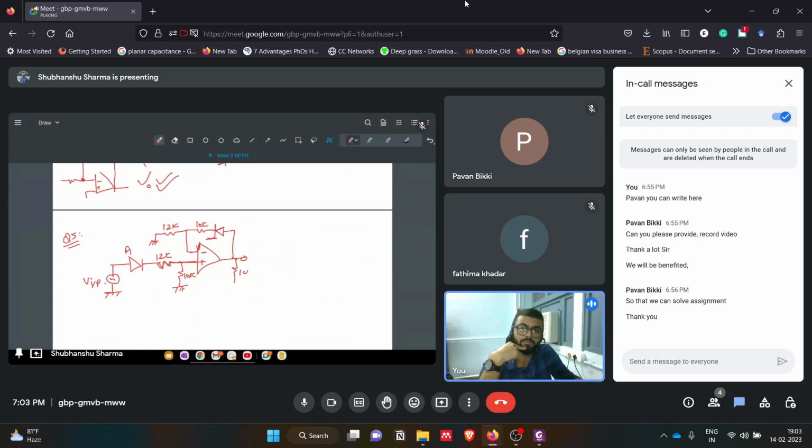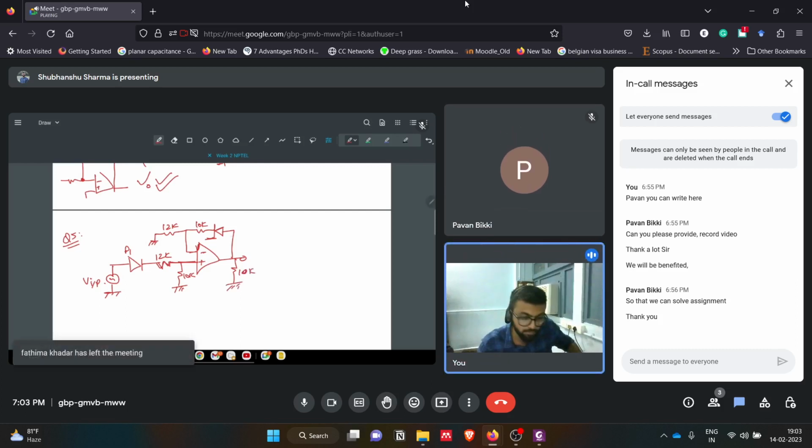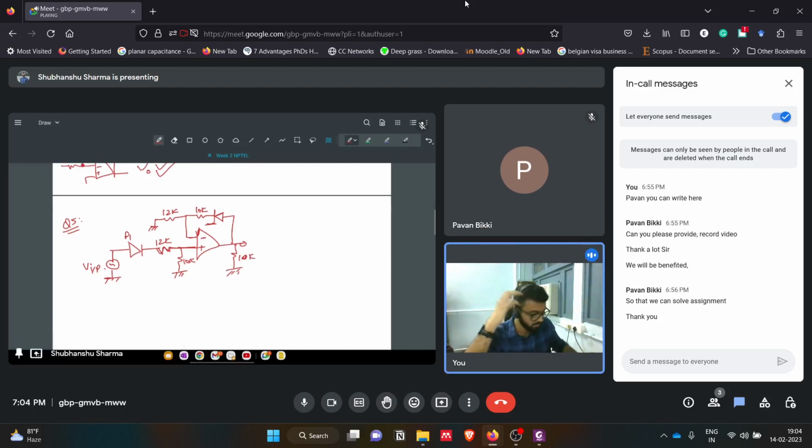If it is off, then the feedback will not work, and so the op amp virtual short concepts we cannot use. So first you have to clear that question, whether the diodes in the circuit are in on or off state. So first we'll ensure whether D2 is on or off. This is D2, and this was D1.